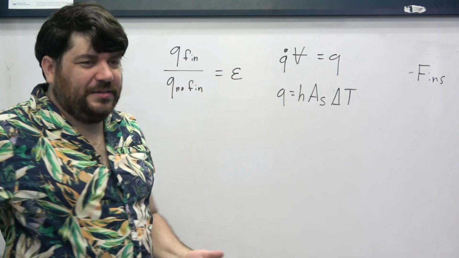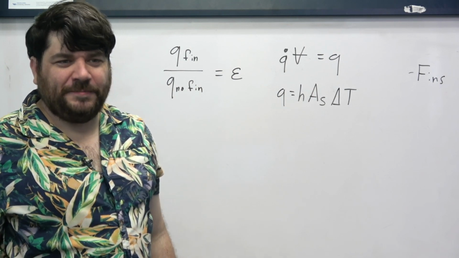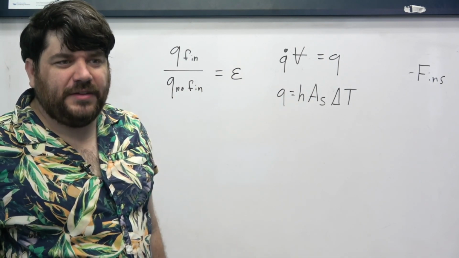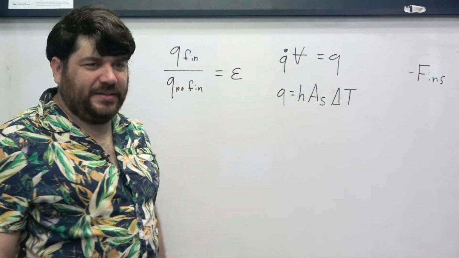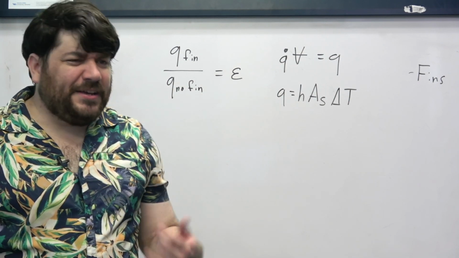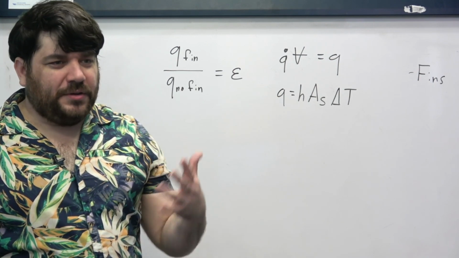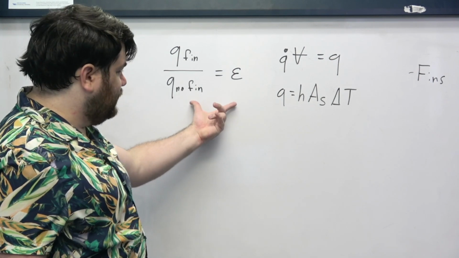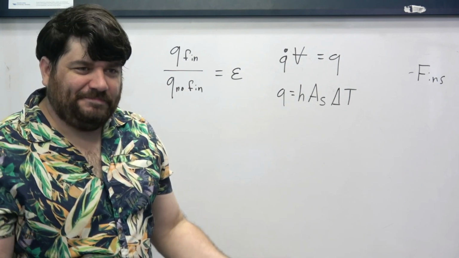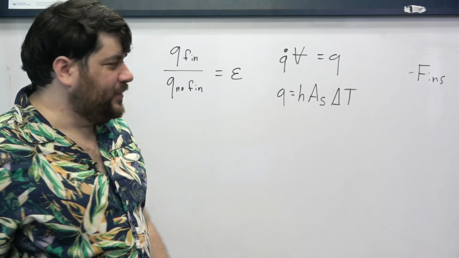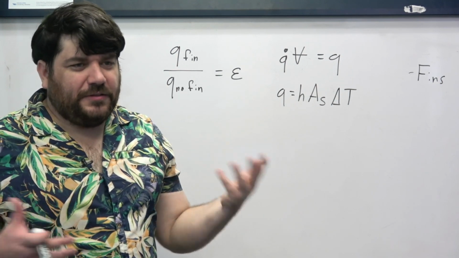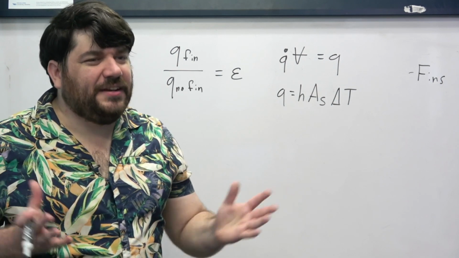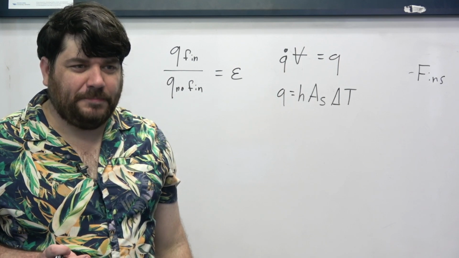You can imagine that this thing can potentially get pretty big for really well-designed fins. There's no theoretical limit to what this effectiveness is. And because there's no theoretical limit, even though it's a very concrete way of characterizing how good a fin is, this effectiveness epsilon sometimes doesn't contain as much information as we'd like it to contain.